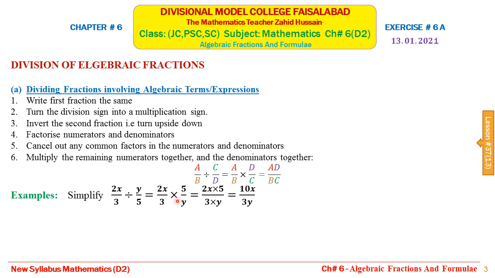Now we will see whether there is something common. No, in the two fractions nothing can be cancelled out in numerator and denominator. So we will multiply numerator with numerator, that is 2x with 5, and denominator with denominator, that is 3 multiplied by y, and we will get 2x multiplied by 5 is 10x, and 3 multiplied by y is 3y.